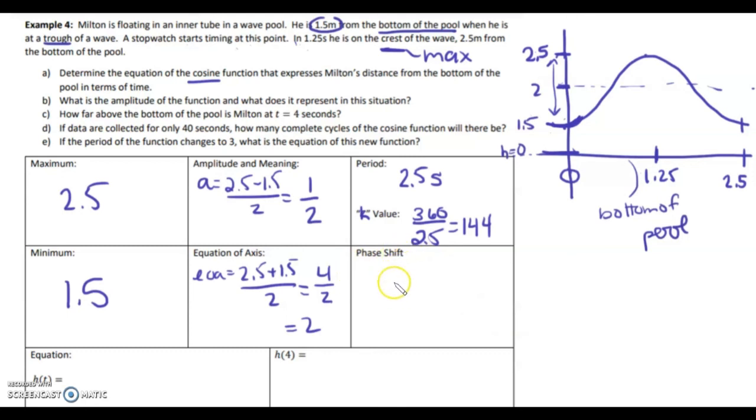Okay, if we're using a cosine function, I'm actually going to go no phase shift. And what I'm going to do is I'm going to use the reflection. You can choose to do the phase shift of 1.25 to the right, but I'm going to just start it at a minimum and act as though the cosine function is reflected.